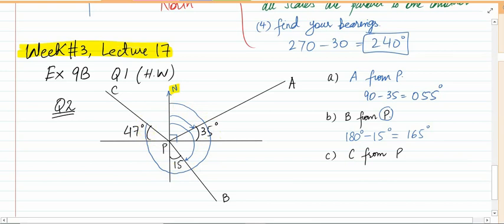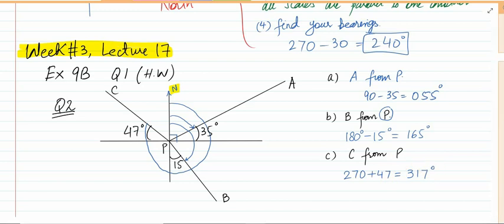So what should I write down? It will be 270 plus 47, right? So its value is 317 degree. That is the bearing of C from P.